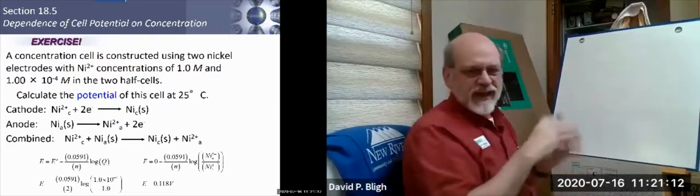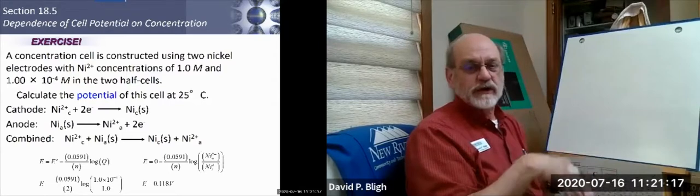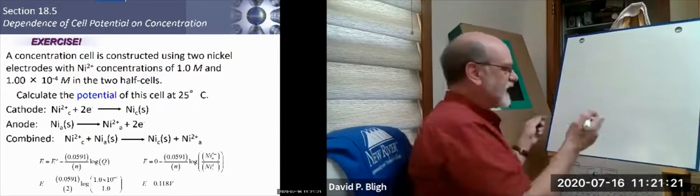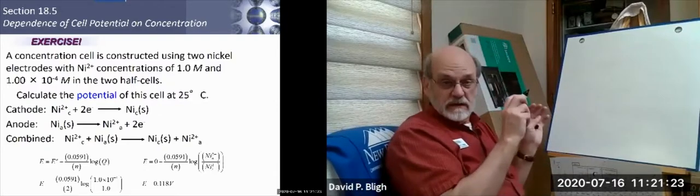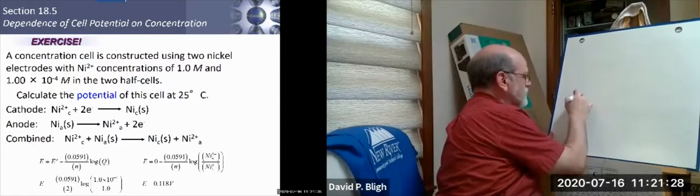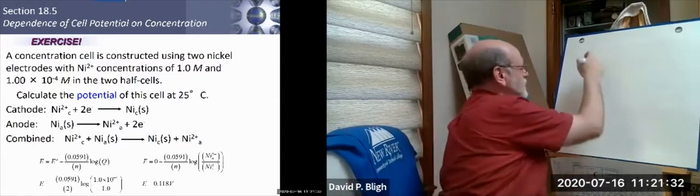So if we use the same half reaction where nickel 2+ is converted to nickel solid or nickel metal, then the anode side is going to be the oxidation. So let's write this in line notation just for fun.